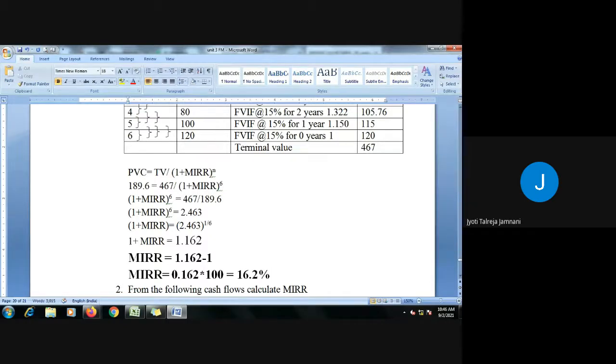So we are not doing trial and error like IRR, but we are using a formula and finding the MIRR. For MIRR, they will give you the cost of capital. Using that, you have to find the present value of cost and future value of cash inflows, that is PVC and TV. Once you get those, you have to insert the values in the formula and find the missing term, that is MIRR. Anybody having any doubts, please ask.